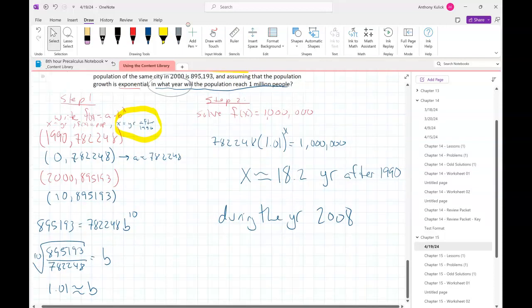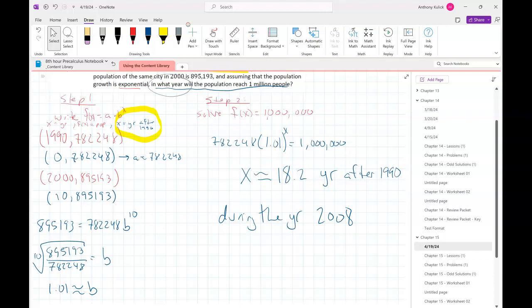Yeah, the beginning of what year, or what is the first year that the population exceeds 1,000,000? 2009, right? Even though you'd think 18.2, let's round that down. We've got to go up because it's growing. If I go back to 2008, the beginning of the year, it's less than 1,000,000. The first year where we exceed 1,000,000 is 2009.